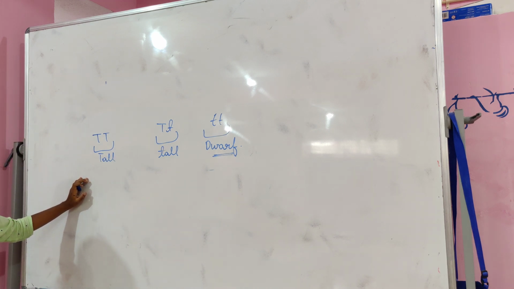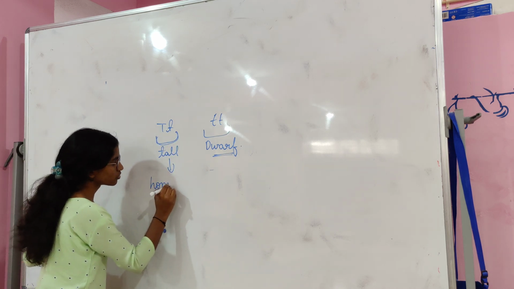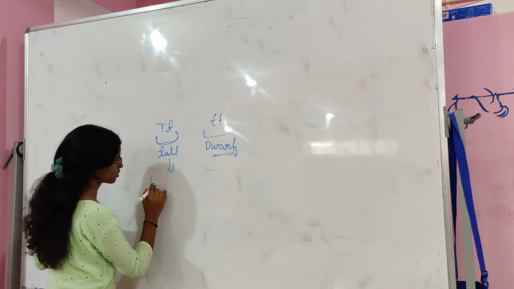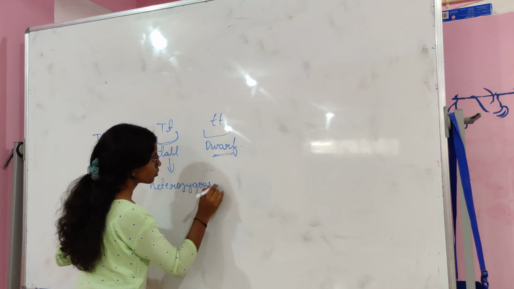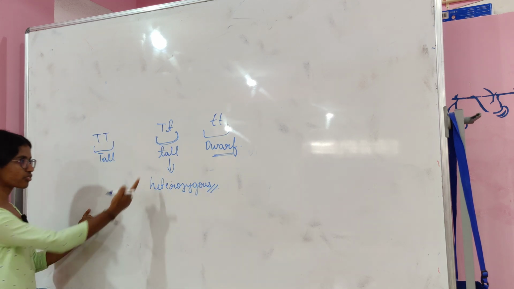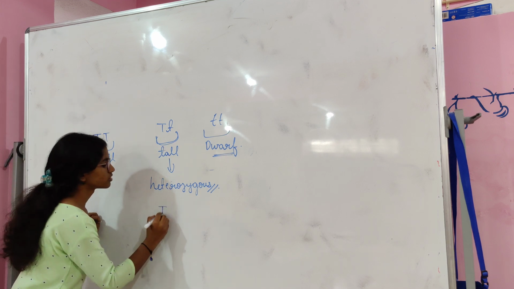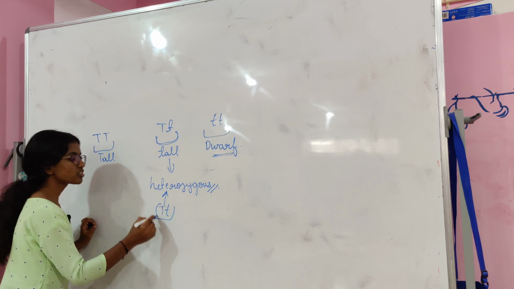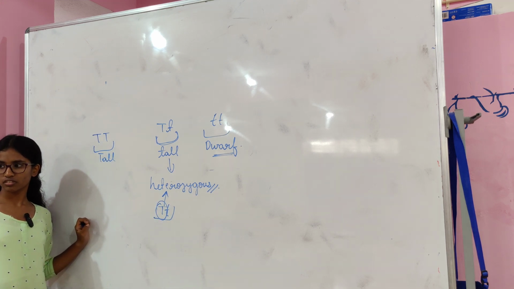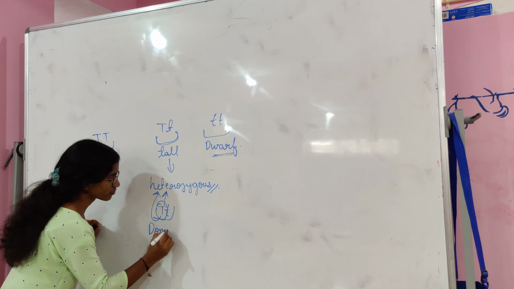So you read a sentence in NCERT that what you read is in heterozygous. Heterozygous is nothing but dominant and recessive. Both are there in the character. So this is heterozygous, right? In heterozygous, the dominant one only will be expressed. This is dominant, so dominant only will be expressed.